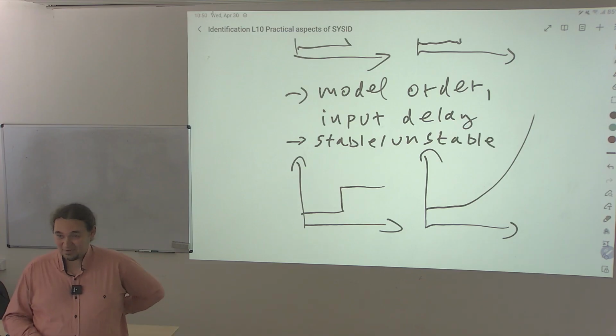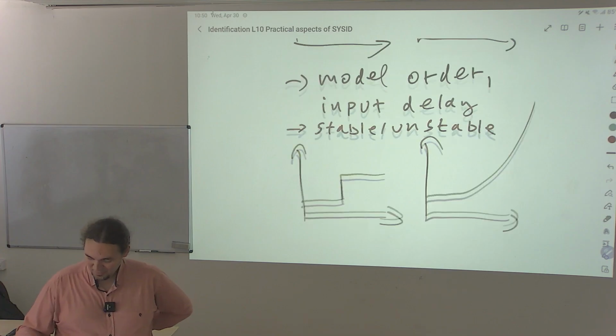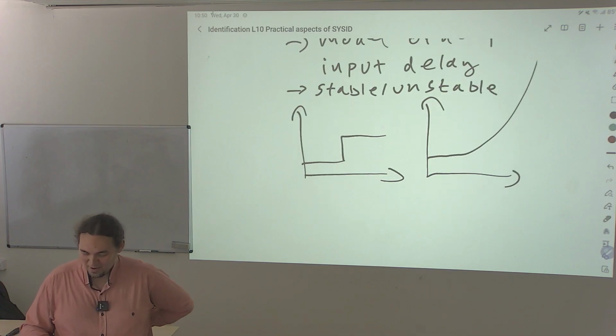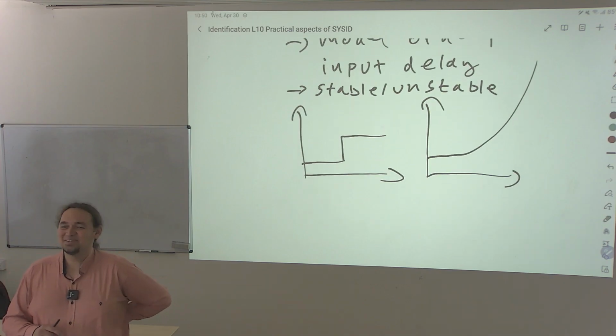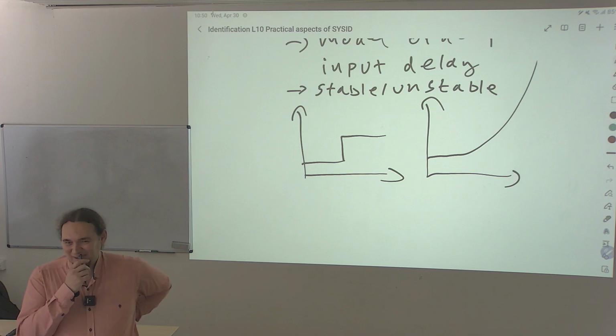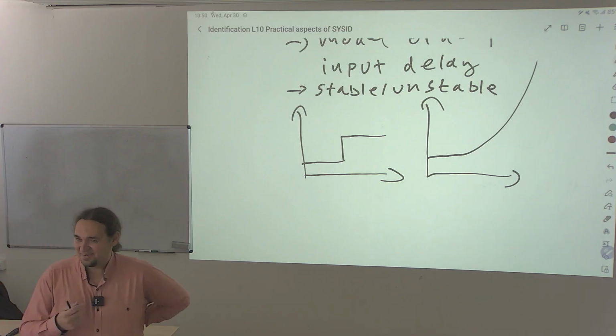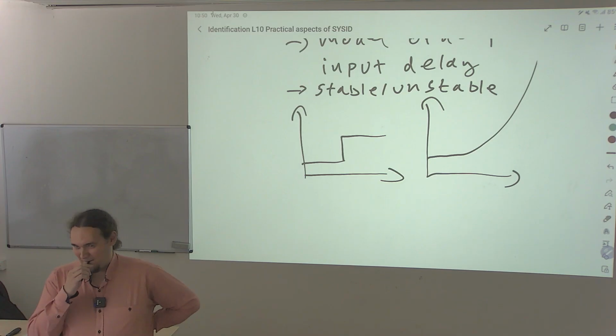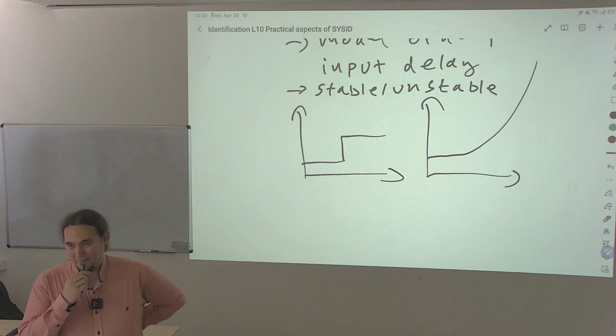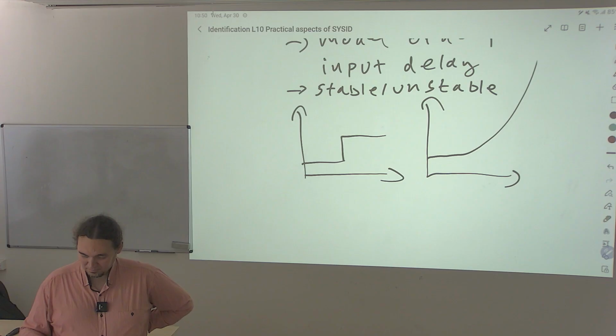If we are dealing with a stable system, we are in very well-charted territory. For the unstable, what can we actually do? What do you think? We can try to stabilize it. How? With the controller, for example. Like with an inverted pendulum, for example.